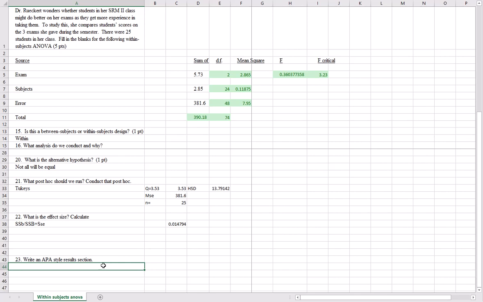All right, if we were to write out a results section, it would be something along the lines of this. A within subjects ANOVA was calculated with score as the dependent variable.